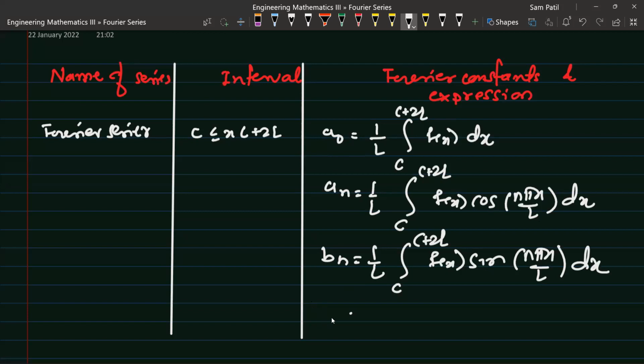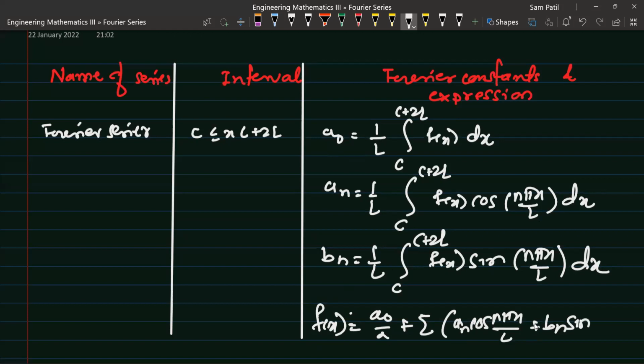This is the basic definition. And the Fourier series expansion of f(x) is a naught upon 2 plus summation of an cos(n pi x upon L) plus bn sin(n pi x upon L), isn't it?